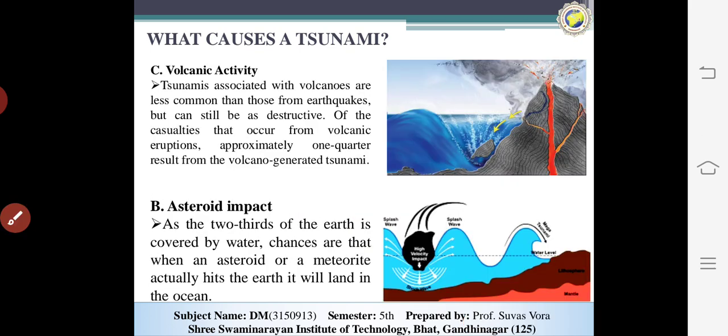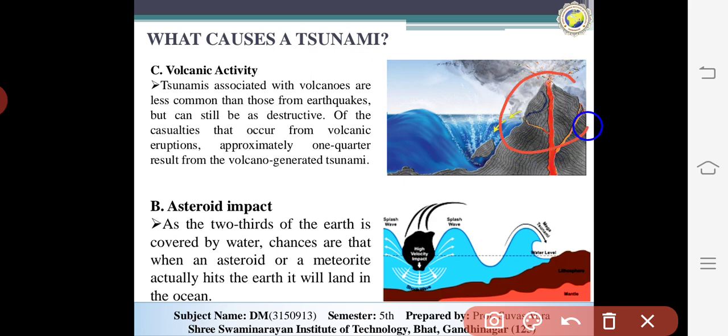Now the next one is volcanic activity. We know that tsunamis associated with volcanic activity are less common than those from earthquakes, but they can still happen. Of course, we know that volcanic effects and landslides are related to each other, and through landslides, volcanic activity can start a tsunami.